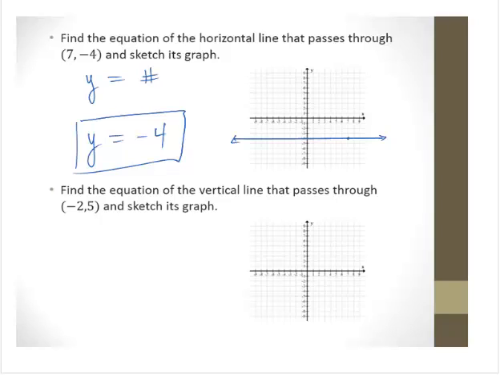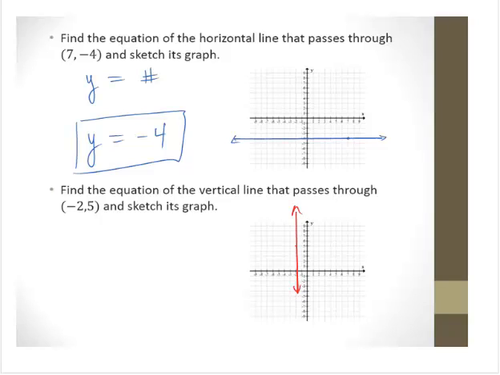All right, find the equation of the vertical line that passes through (-2, 5), and sketch its graph. Again, I'm going to sketch the line first. So there's (-2, 5), and let me draw the vertical line through that point. That doesn't look very good. Let me try again.